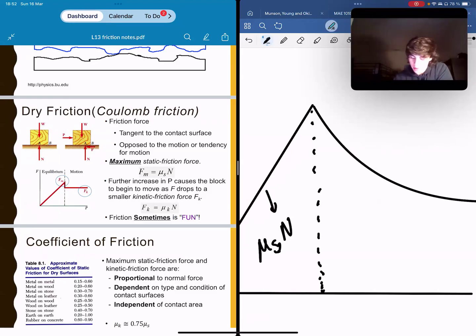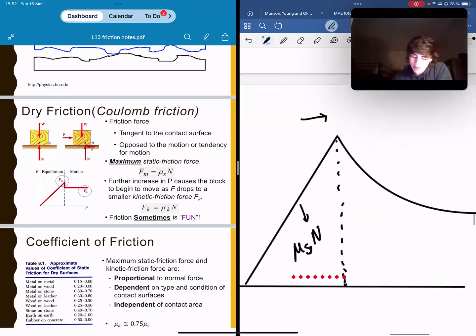Nevertheless, the moment the force that you apply is greater than this force right here, that is the maximum static friction that the surface will oppose.